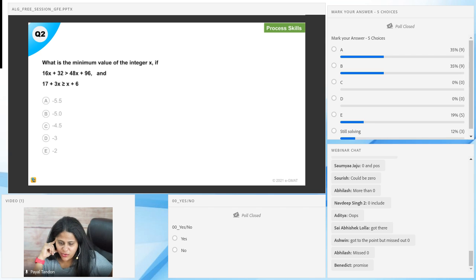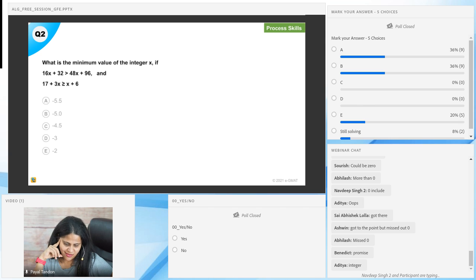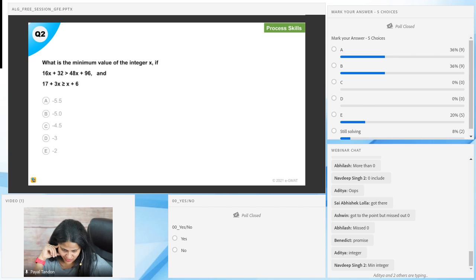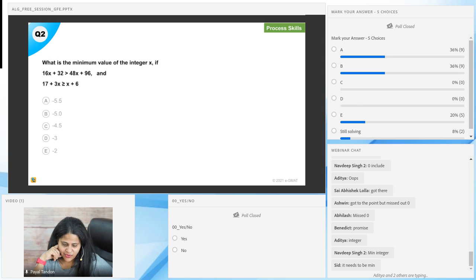What do we know about x? What do we know about x? It's an integer. What is the question asking? Minimum value of that integer, right? How can minimum value of the integer be negative 5.5?